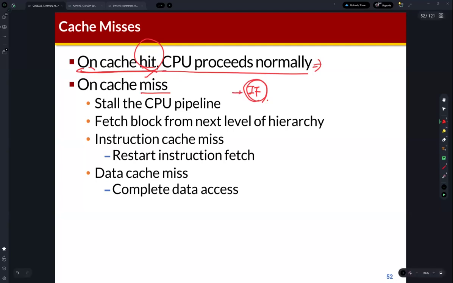We try to fetch an instruction, but the instruction is not found, right? But it will take a longer time. Then the instruction is stored in the instruction fetch stage, right? Then what will happen?